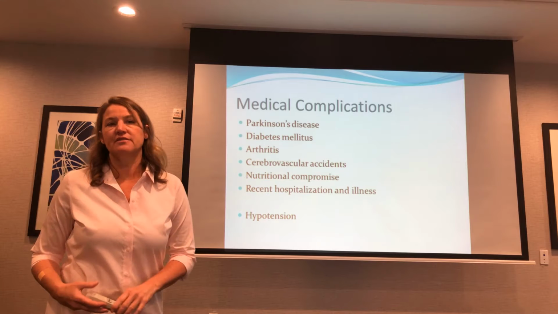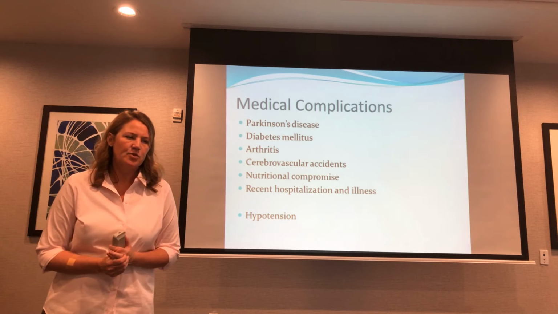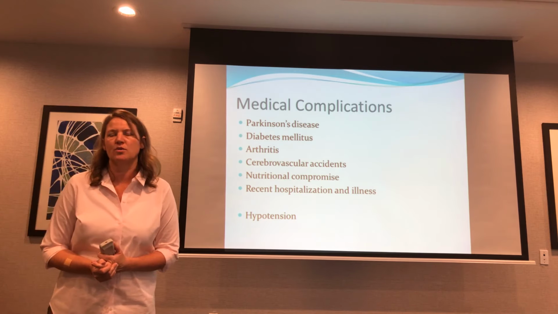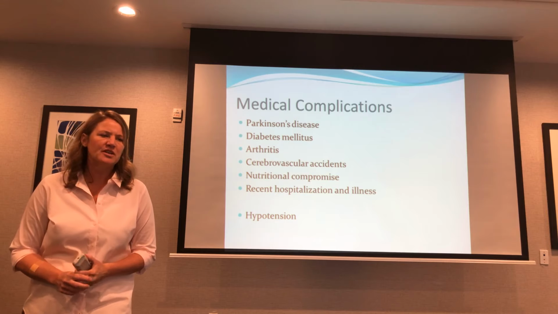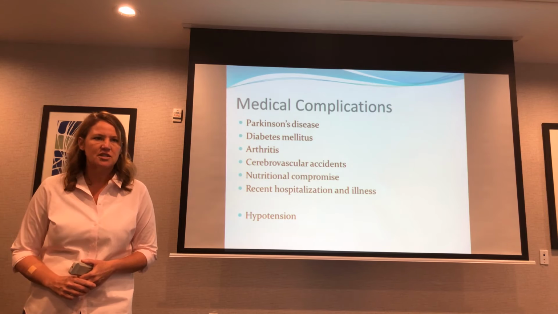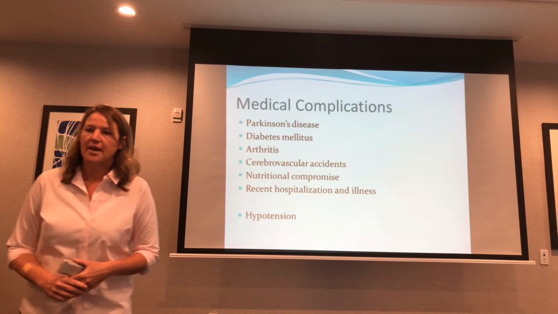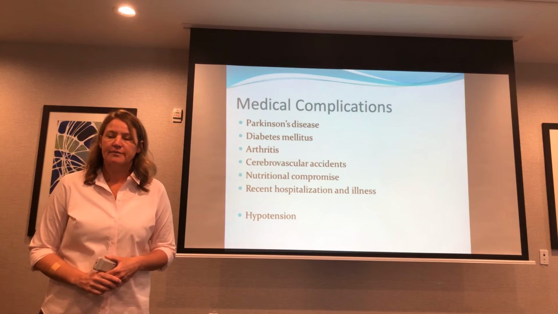Okay, so let's talk about some individual medical complications. With all the things we've talked about so far and the resources, you can think about various diagnoses and what you automatically know you're going to have to look at. Like Parkinson's, when you think about Parkinson's disease, clearly reaction time is typically something you consider, the ability to react quickly, and range of motion.